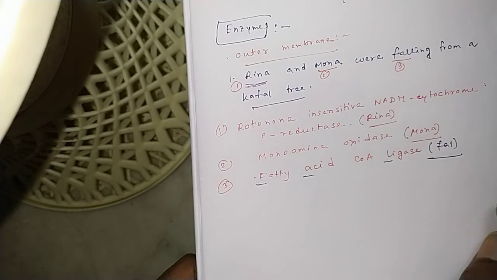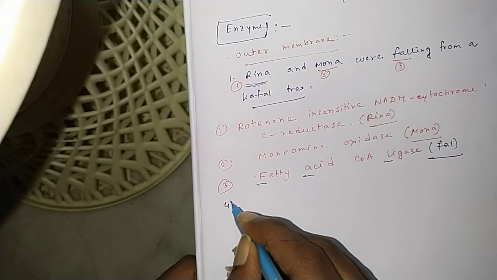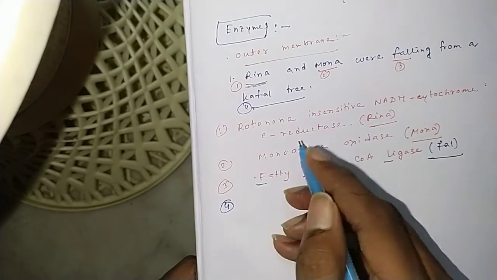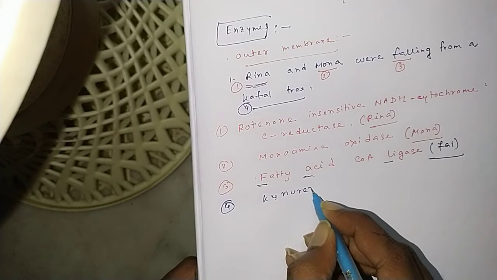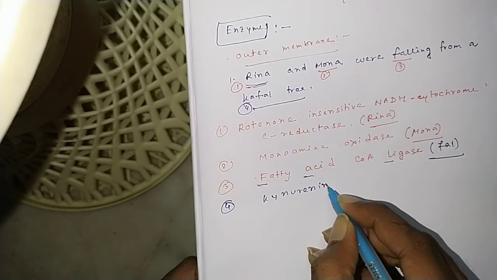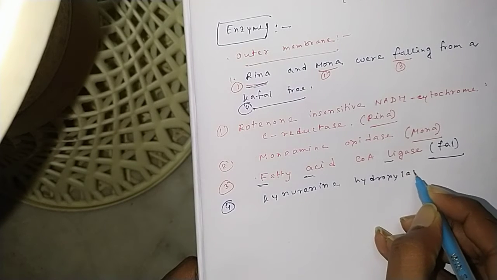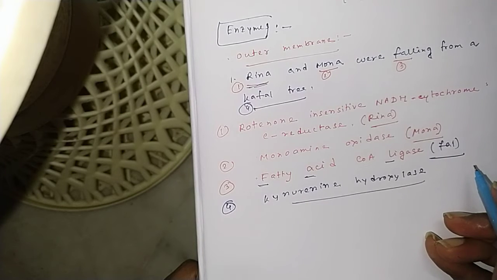So fatty acid coenzyme A ligase, that means fall. And then you have the fourth enzyme, that is couple, that means kynurenine hydroxylase. And it is a very important thing to note.